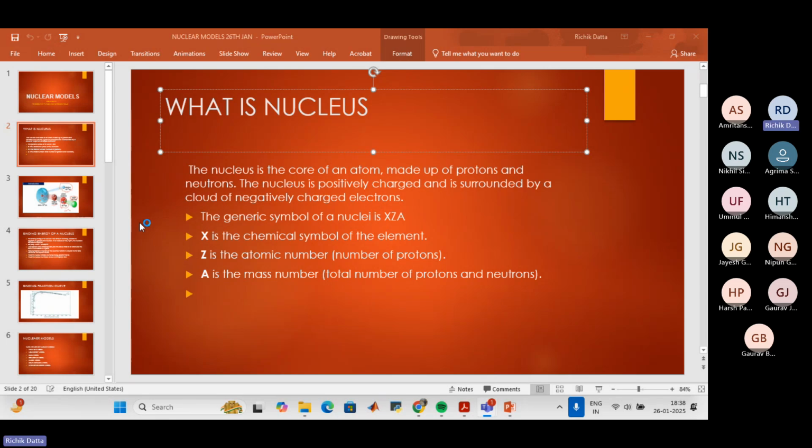So A equals Z plus N, and the neutron number will be A minus Z, which is 16 minus 8 equals 8. So the total number of protons is 8 and the total number of neutrons is 8. These are very basic things, I am not wasting any time on them. So let us go forward.